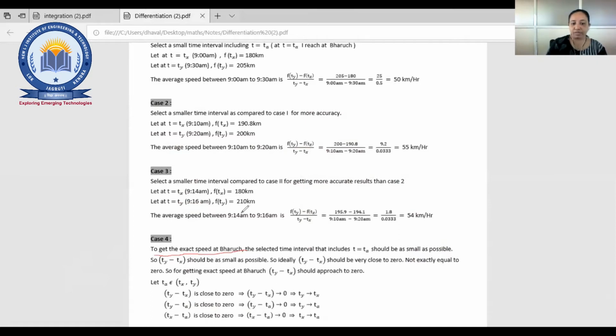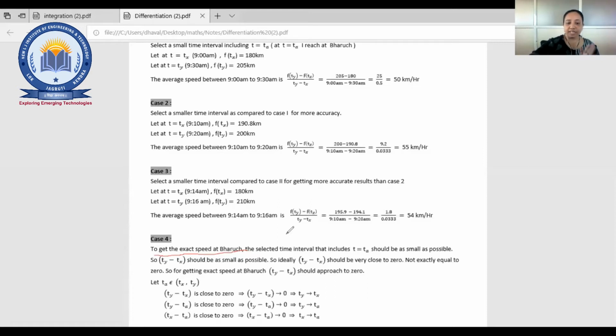If you are approaching Bharuch, you will get the exact or a very near instantaneous speed. So differentiation can be used in that.